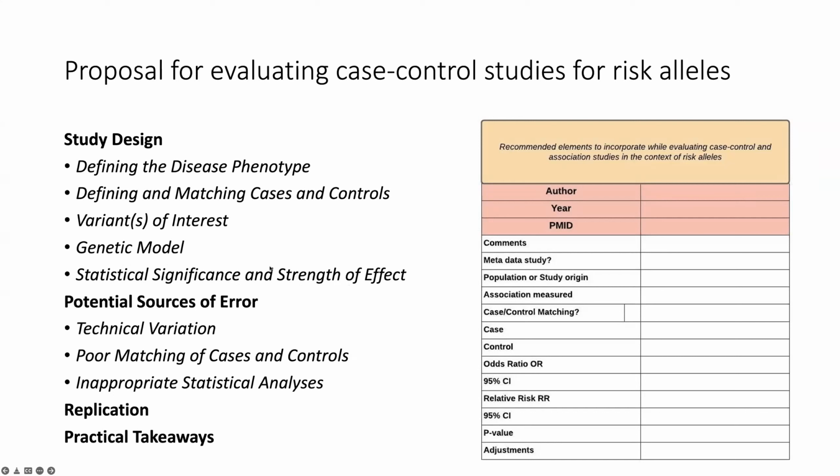Those are two separate things, but both important to evaluate, along with recognizing potential sources of error so that we can evaluate the strength of the studies. One really key thing in this area, as you might be aware, is replication of the results. That's a critical pillar to being able to have an association that is reproducible and clinically significant.